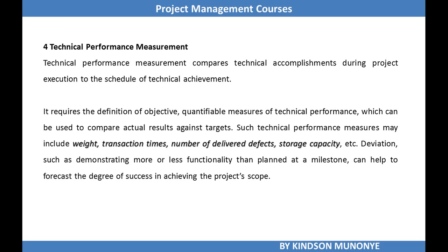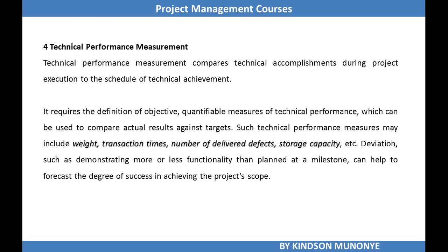Another thing that you do during the control risks process is technical performance measurement. What is this all about? Technical performance measurement compares technical accomplishments during project execution to the schedule of technical achievements. It requires the definition of objective, quantifiable measures of technical performance which can be used to compare actual results against targets.